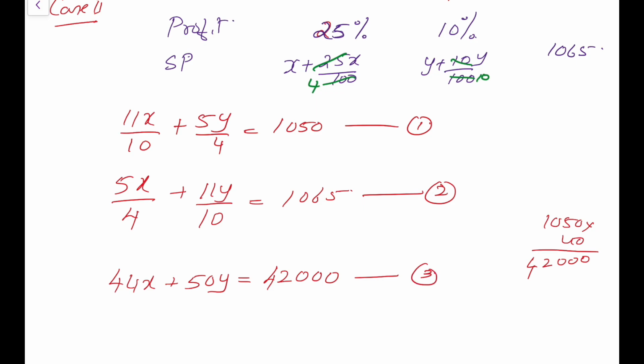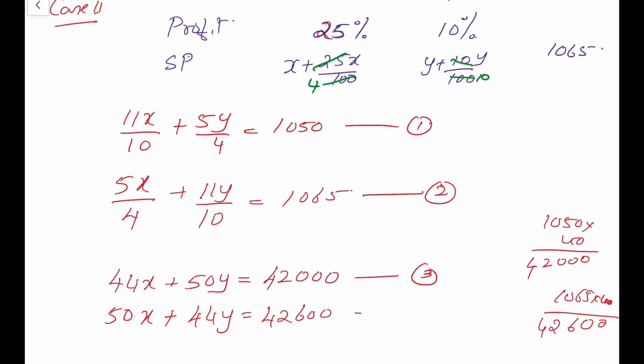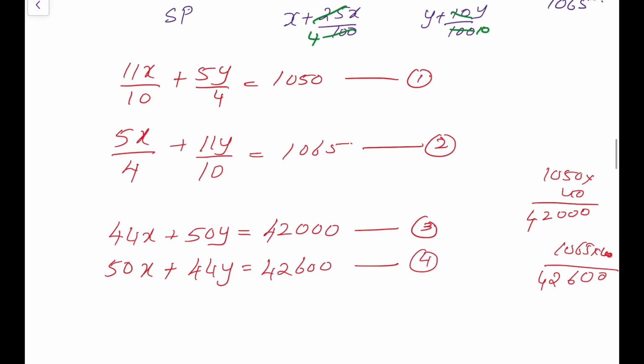Similarly, taking the LCM here, 50x plus 44y equal to, again 40 is the LCM, 1065 into 40, which is 42,600. This is the fourth equation.